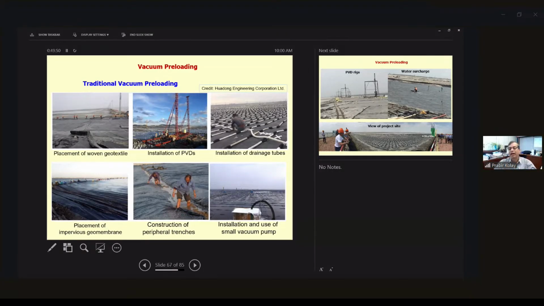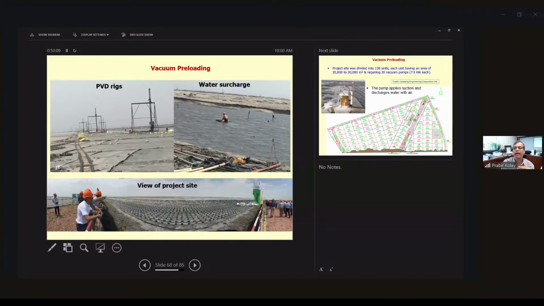It's a huge area, and then the vacuum pump. They are not using sand drains, but using PVD, and then geotextiles, and also the vacuum preloading. All these things they use in this area. The PVD rigs.